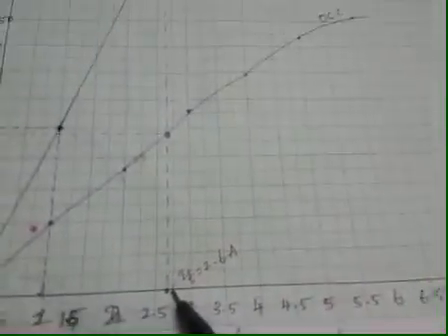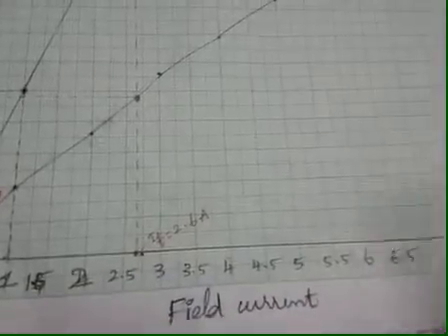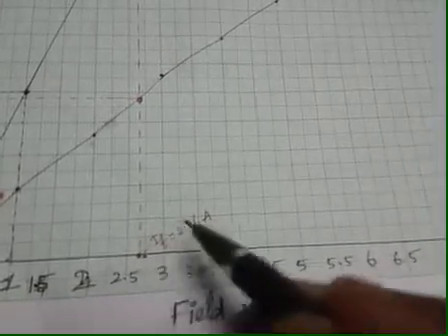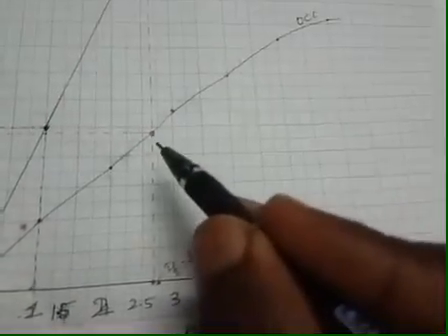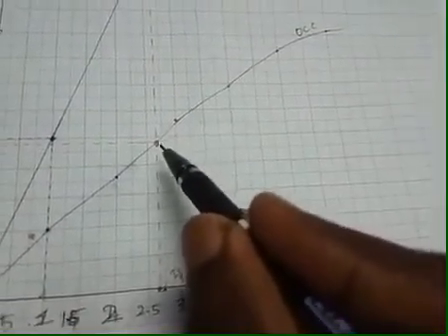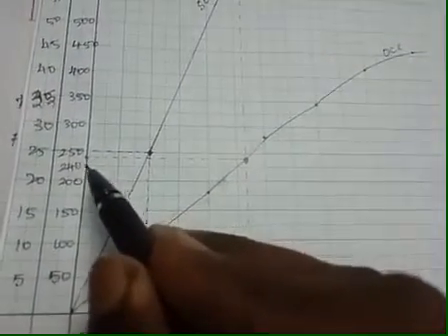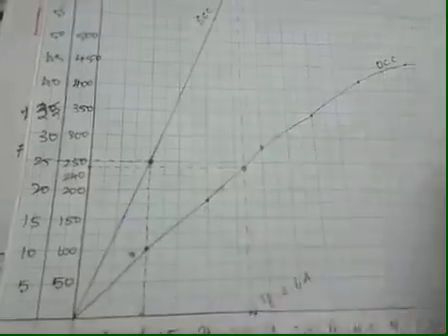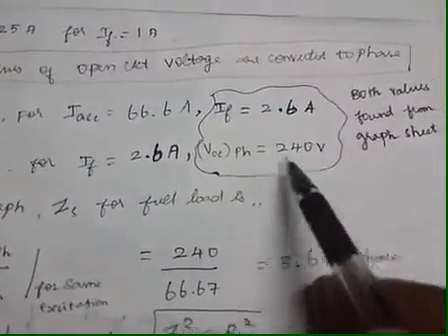That field current value is IF equal to 2.6 ampere. Clear or not? For this field current, you cut the OCC curve, that means the open circuit. You extend this line and get one voltage value, that is 240 volts. With the help of this 2.6 ampere, you get 240 volts.